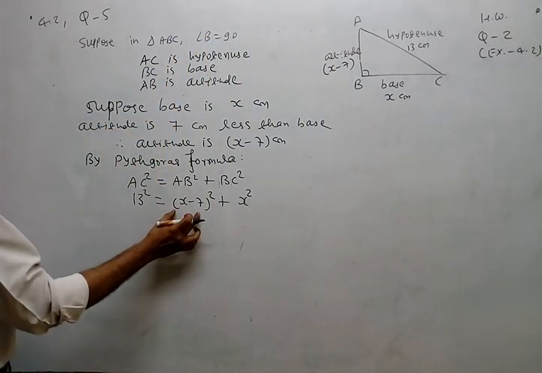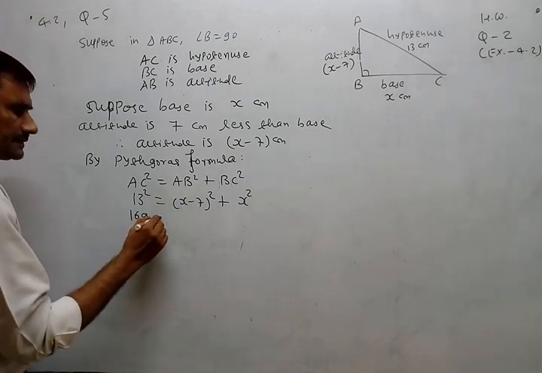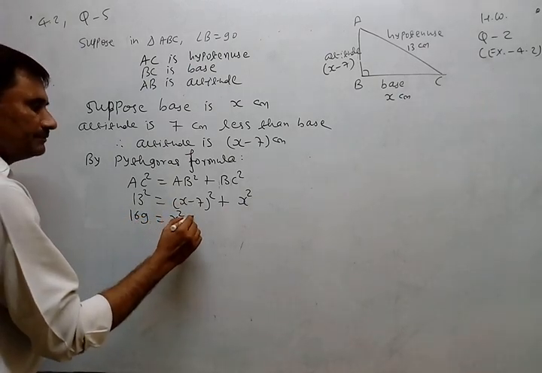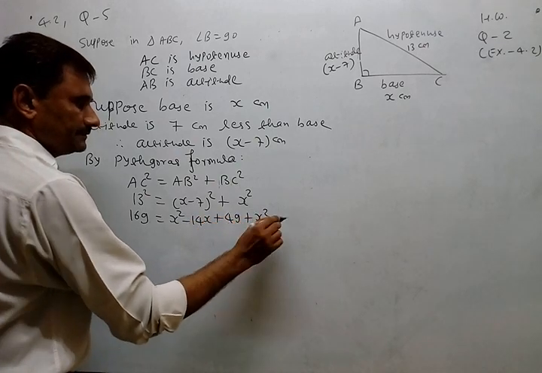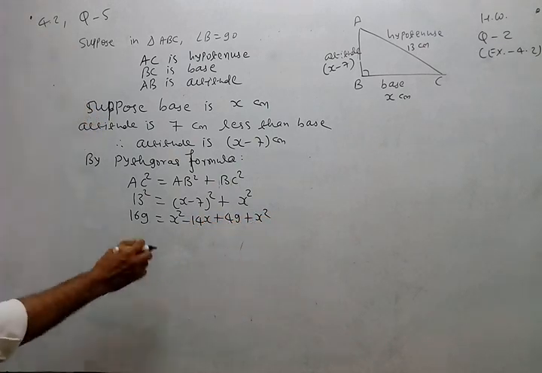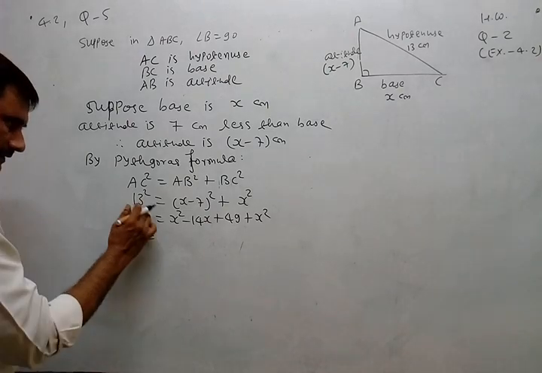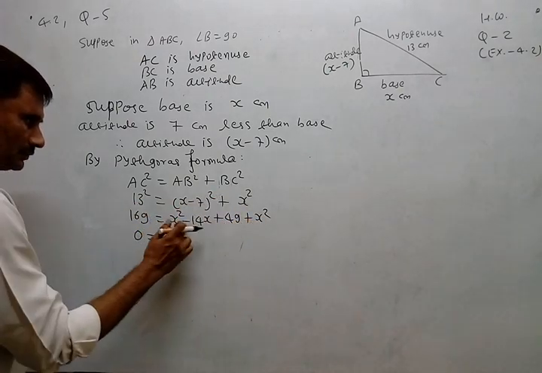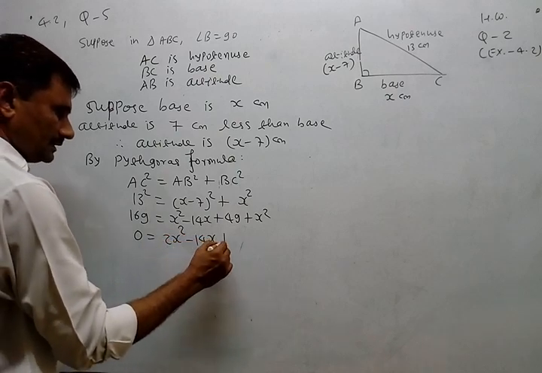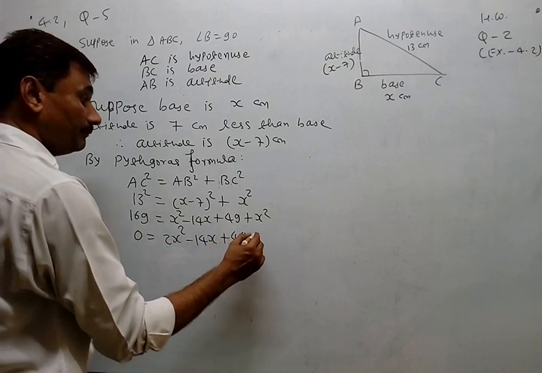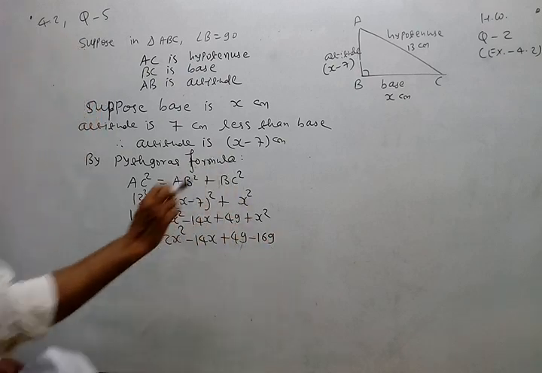Now nothing is new, just expand this: x square minus 14x plus 49 plus x square. I am just shifting this one there. Now first of all, x square plus x square is 2x square, minus 14x plus 49 minus 169.